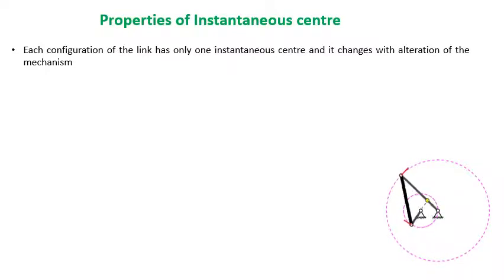You can see the pointer of this instantaneous center is changing with respect to the change of the configuration. As this mechanism moves, its configuration changes with respect to time. So as the configuration of the mechanism changes, its instantaneous center also changes.